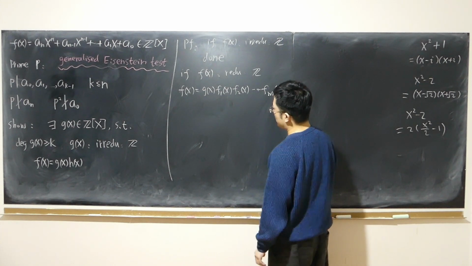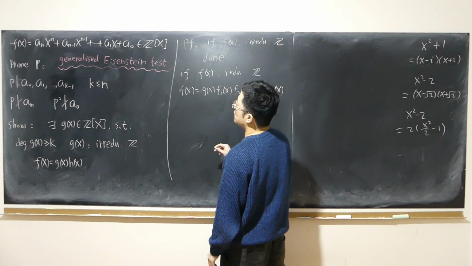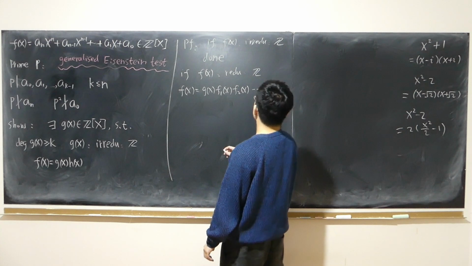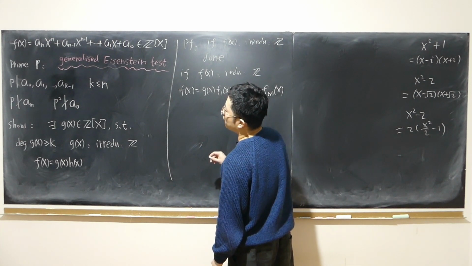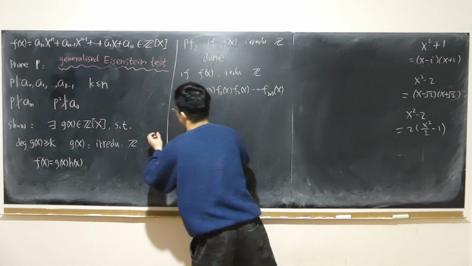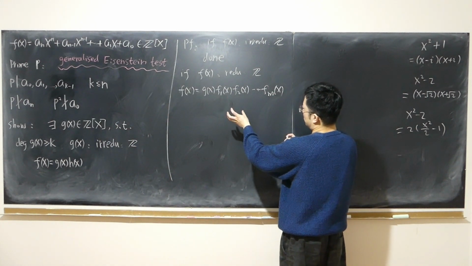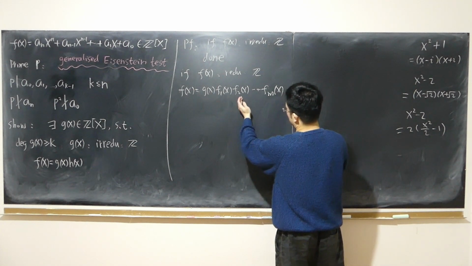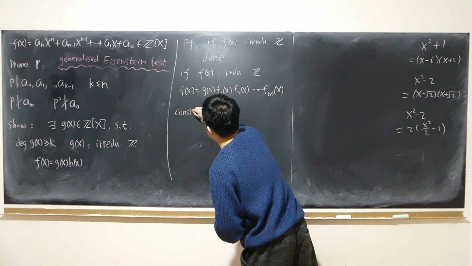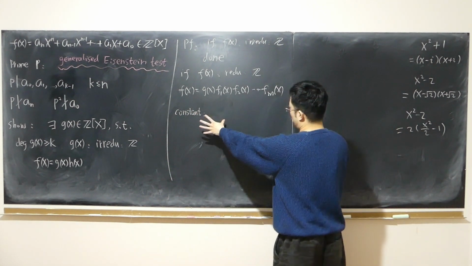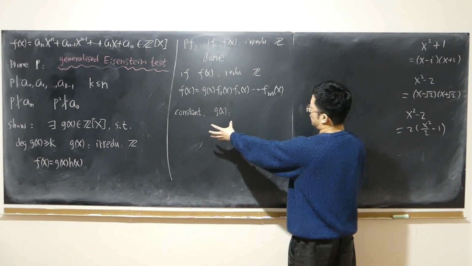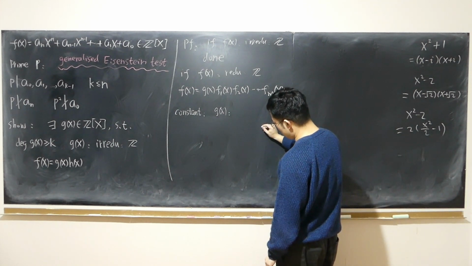In that case, let me write down a0. a0 must be the product of the constant terms of each of the polynomials, so let's look at constant terms. The constant term for polynomial g, let me denote it as b0.